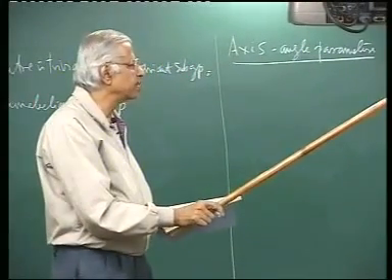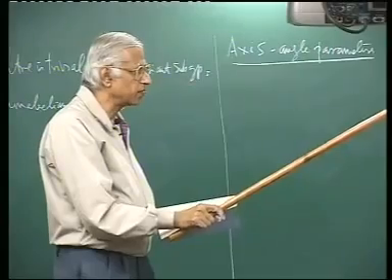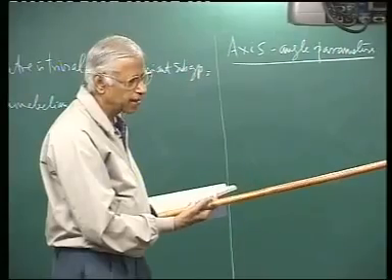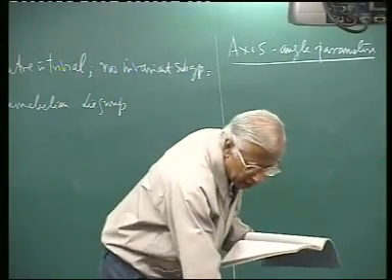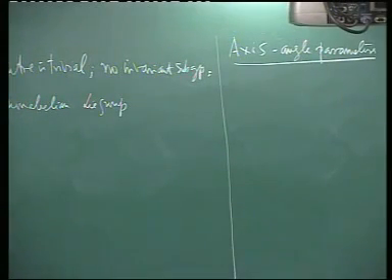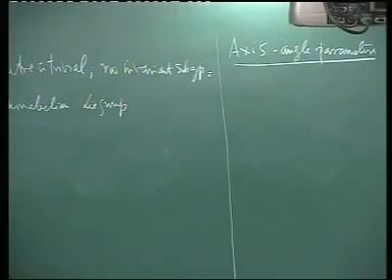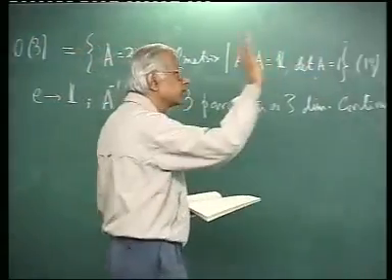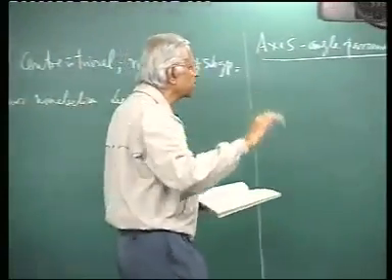Here is the axis n with some components n1, n2, n3, a unit vector, and I do a right-handed rotation by angle alpha around n, and I want you to convince yourself that that rotation of Cartesian coordinates in 3 dimensions is described by this 3 by 3 matrix. So, I am saying every matrix in the defining representation of SO3 is of this kind for some axis n and some angle alpha.